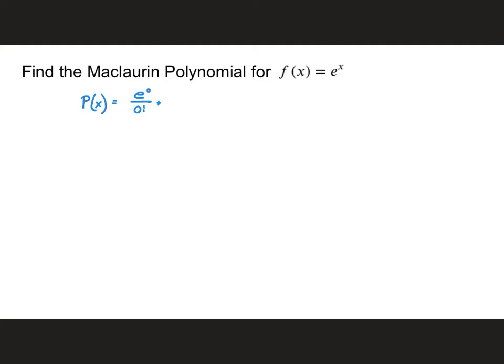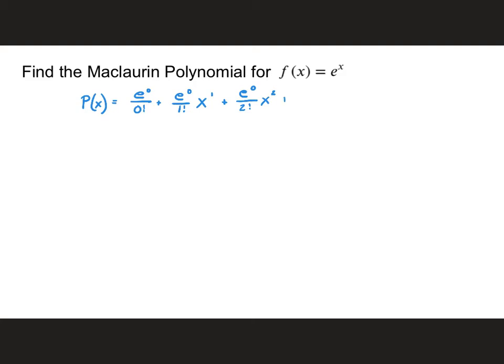So the derivative of e to the x is e to the x, plugged in and evaluated at 0, over 1 factorial times x to the first power. And then we'll have the second derivative. The second derivative of e to the x is just e to the x, so I'm going to evaluate that at 0, and I'll put that over 2 factorial times x to the second power.